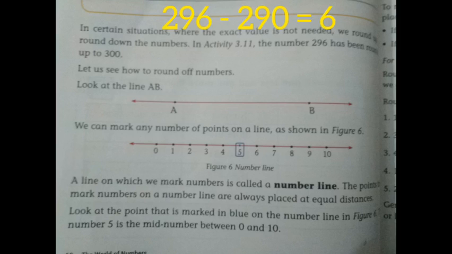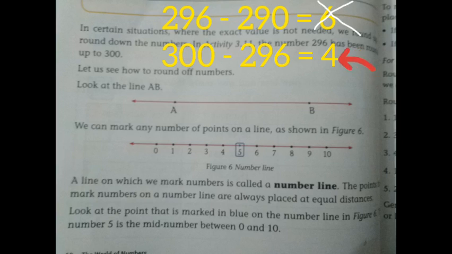Between 290 and 296 there is a difference of 6, but from 296 to 300 the difference is only 4. So which is nearest to the given number 296, 290 or 300? 300 is nearest to 296.